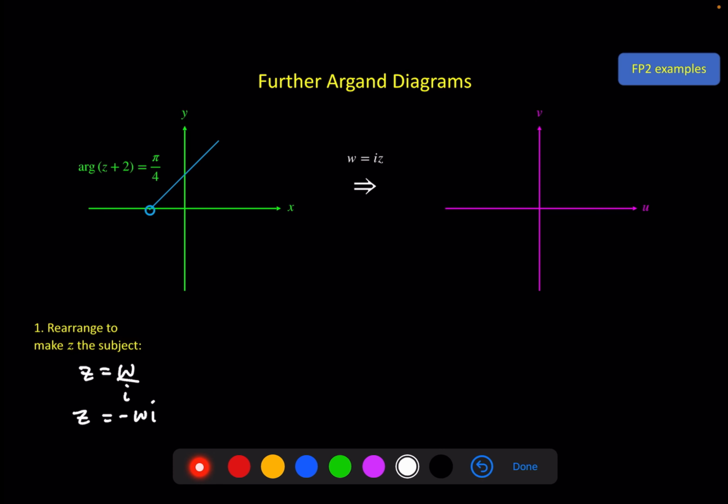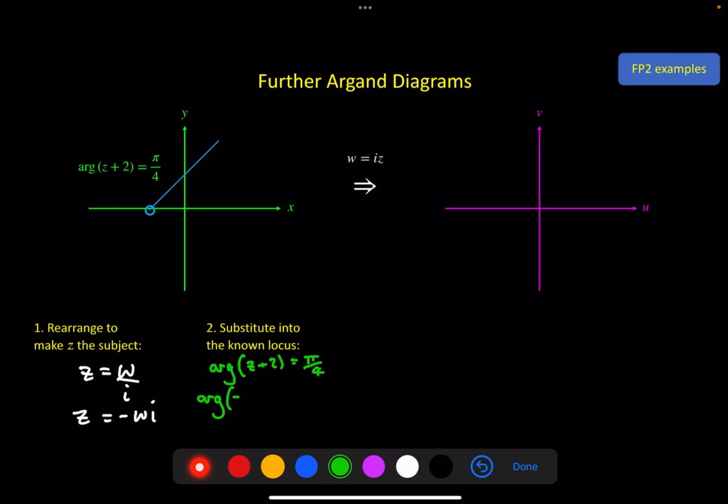That's a little bit neater. Substitute it into the known locus. So here we've got the argument of z plus 2 equals pi by 4, and this becomes the argument of minus wi plus 2 equals pi by 4.